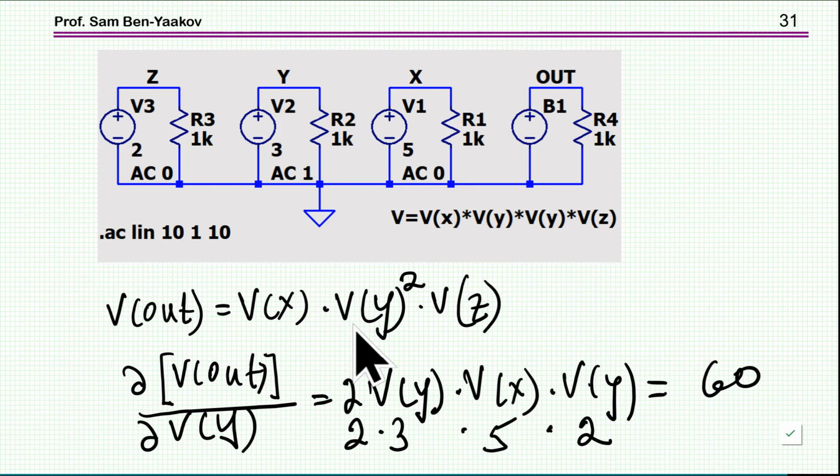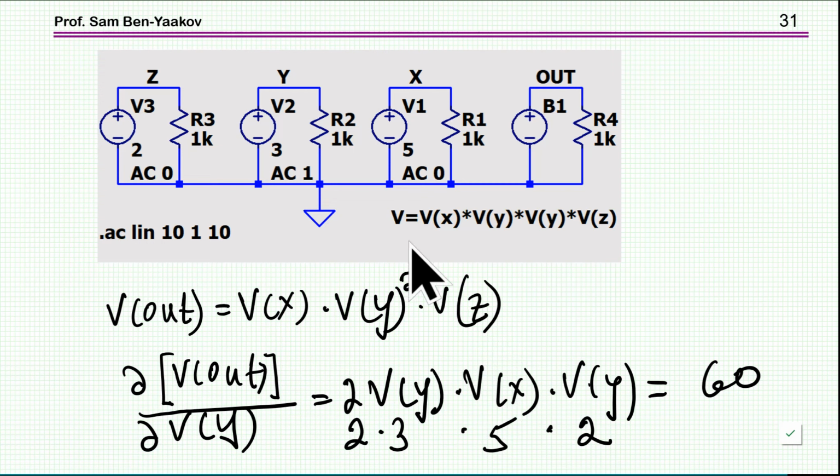Now, since only here we have the excitation, Y hat, small signal, only this one has it. So I have just to take the partial derivative with respect to Y. This will be 2 Vy times Vx times Vz.